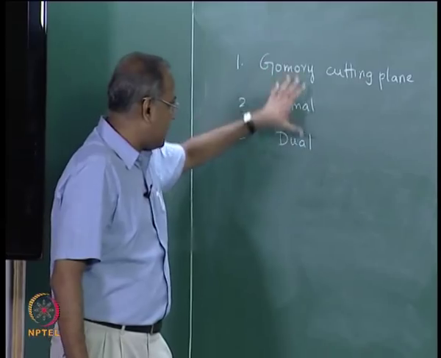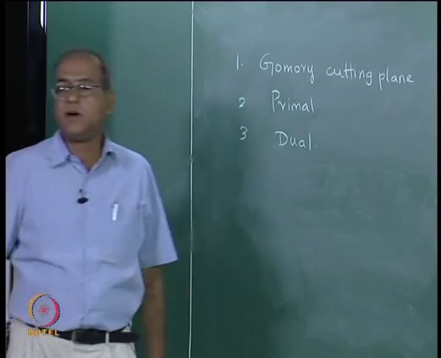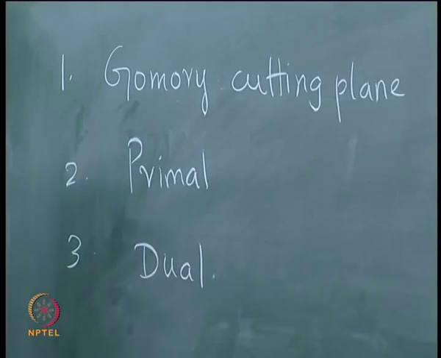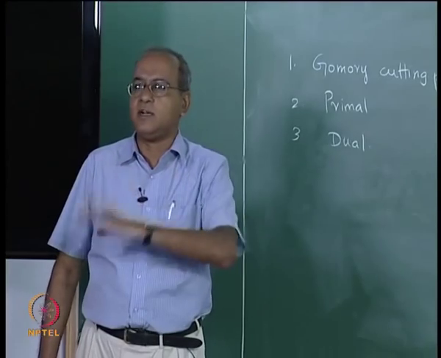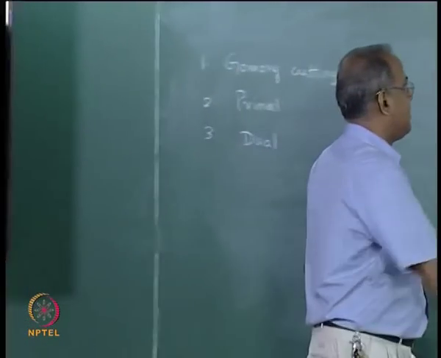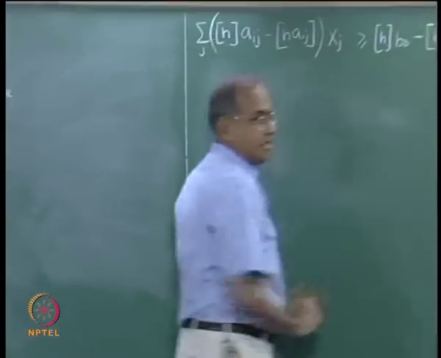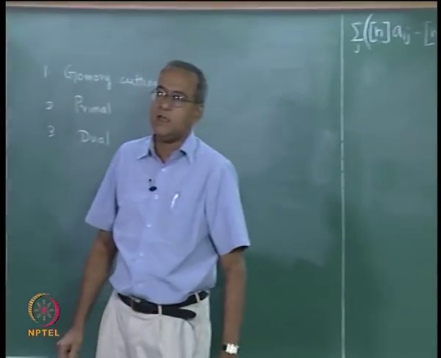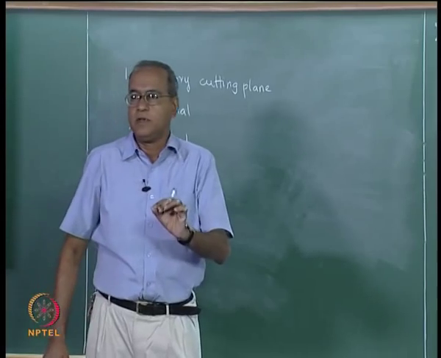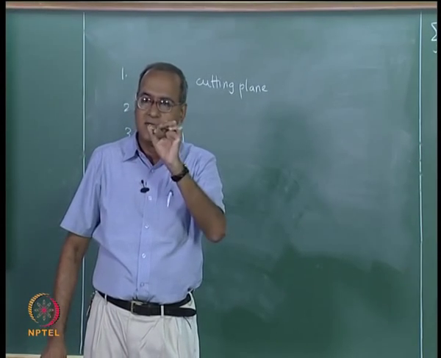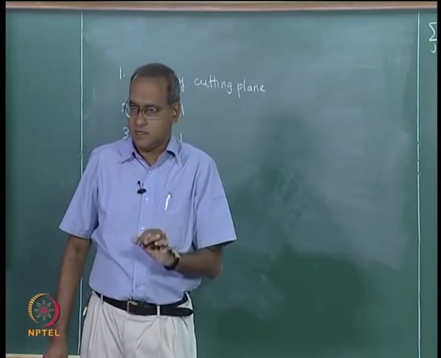We also saw the underlying relationship amongst the 3 by saying that whether it is a Gomori cut, an all integer dual cut or an all integer primal cut, we will satisfy this equation, which is called the fundamental cut, which ensures that no integer point is eliminated by the addition of the cut.